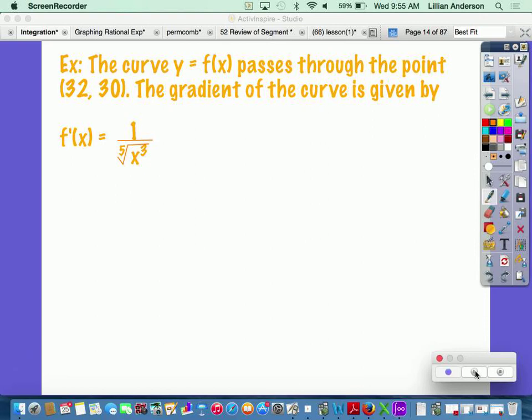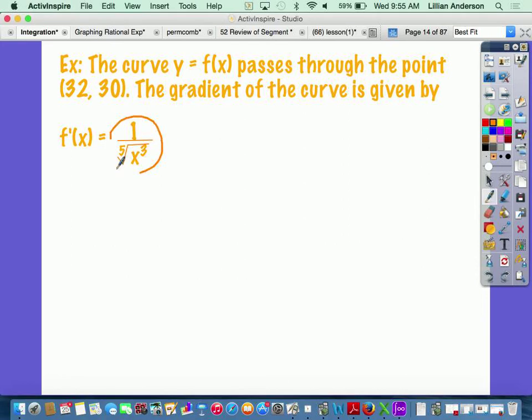Again, we want to find what f of x is. So we have this as our derivative. How can we fix that? Move to the top. Very good. Because the root, remember, the root always goes down to the bottom of the rational exponent, and this brings to the top, you gotta make it a negative, okay?